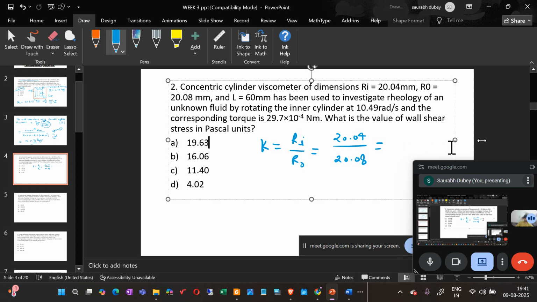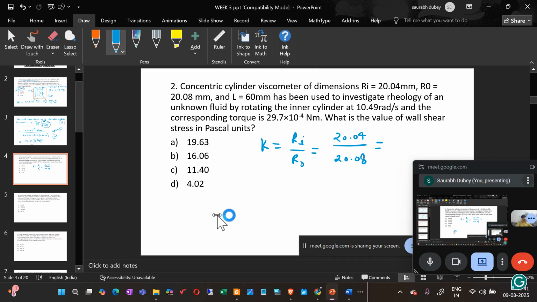So the inner radius ratio is 0.998. It is almost 1.